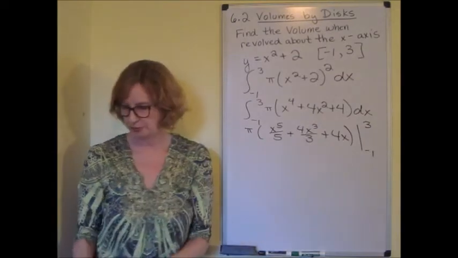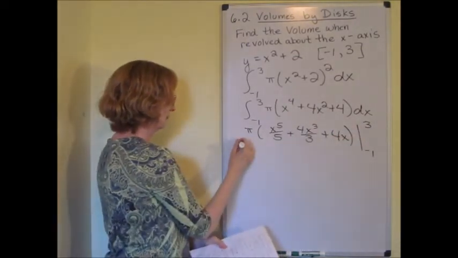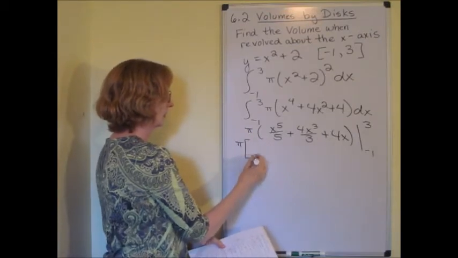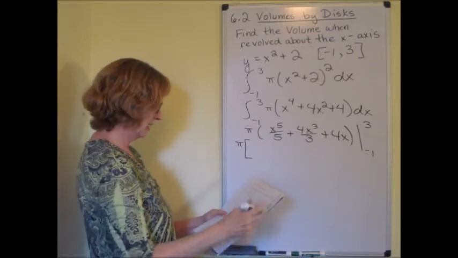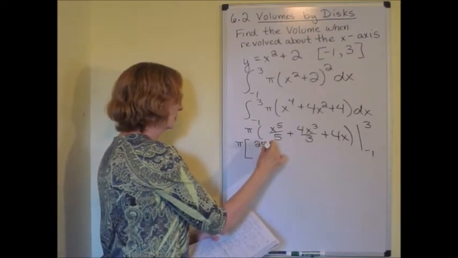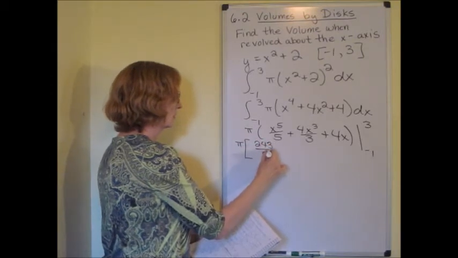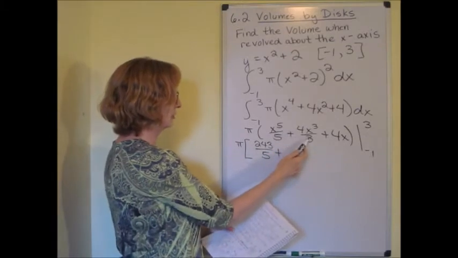And it's just a matter of plugging everything in now. First, we'll plug in our 3. So it'd be 3 to the 5th over 5, which is 243 over 5. Plus, and then we have 4 times 3 cubed over 3.